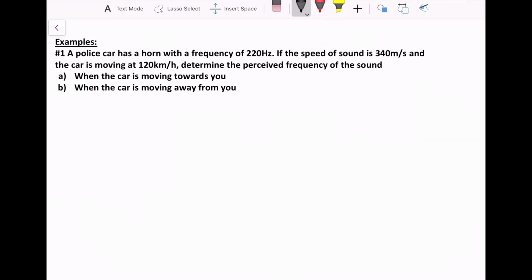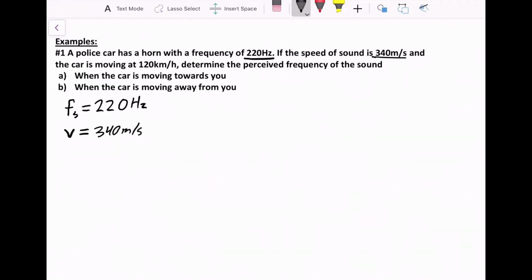So, as always, let's start by writing down what we know. We're told the frequency of the source, we'll use Fs for this, is equal to 220 hertz. We also know the speed of sound, we'll just call that V here, is 340 meters per second. And finally, the car is moving at 120 kilometers per hour.